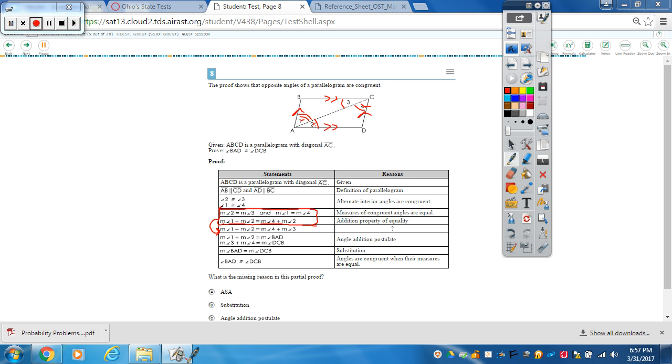Well, we see angle 1, angle 2, angle 3, or angle 4, and then, oop, these guys are different. But if I look up at this step, since these guys are equal, I can take this and plug him in for this. So what are we doing when we plug something of equal value in for something else? We are substituting. Okay? All right.